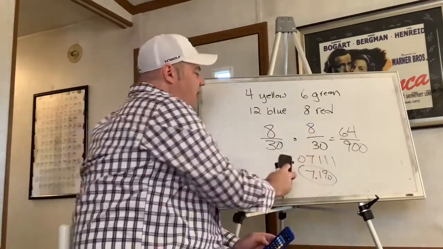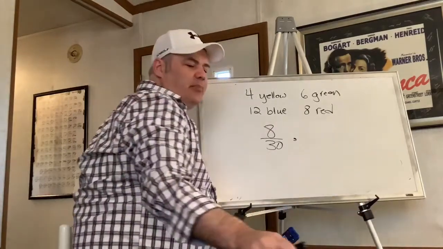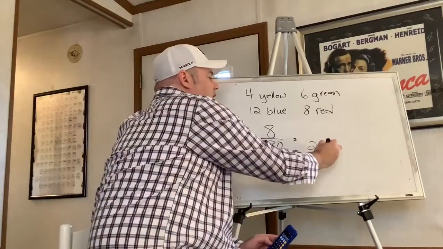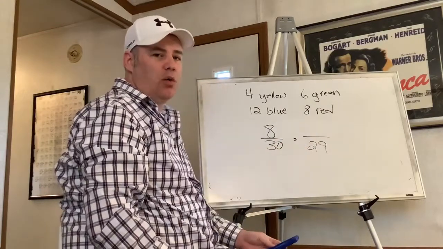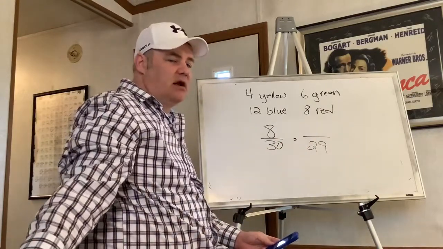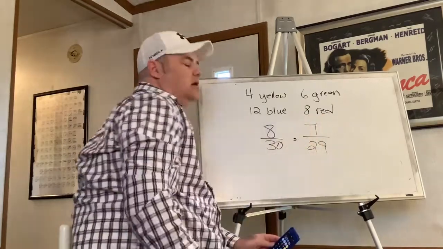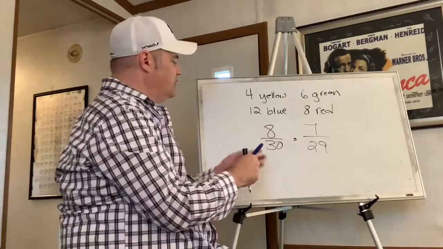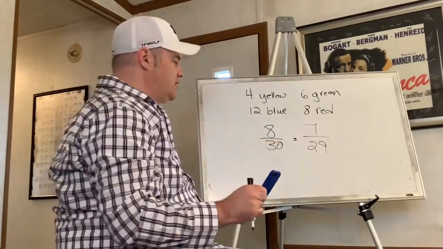Let's do the same problem, drawing a red, but let's not put it back in the bag. So now there's only 29, and you want to draw another red one. Well, is this one 8 again? No, because the red one you set off to the side. So now there's only 7 red in the bag. So you drew the first one, you had 30 in there, you pulled out a red one, you set it off.